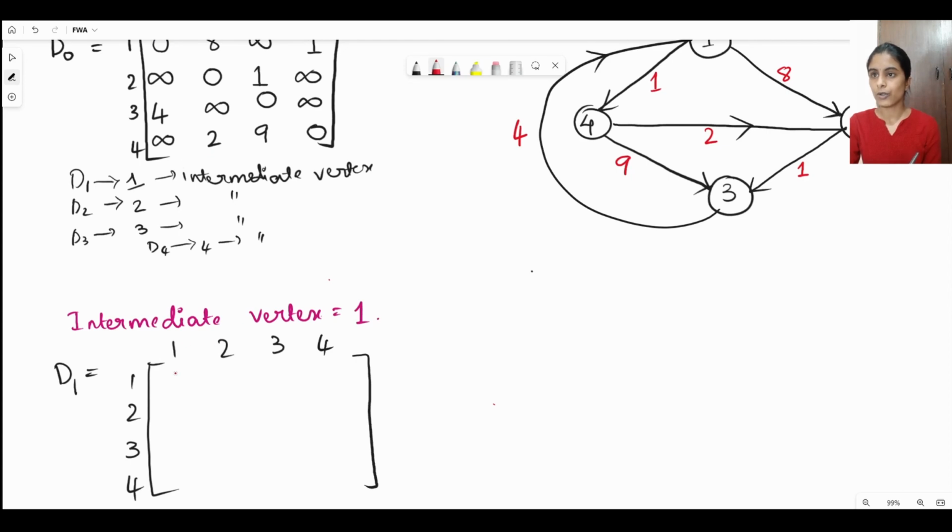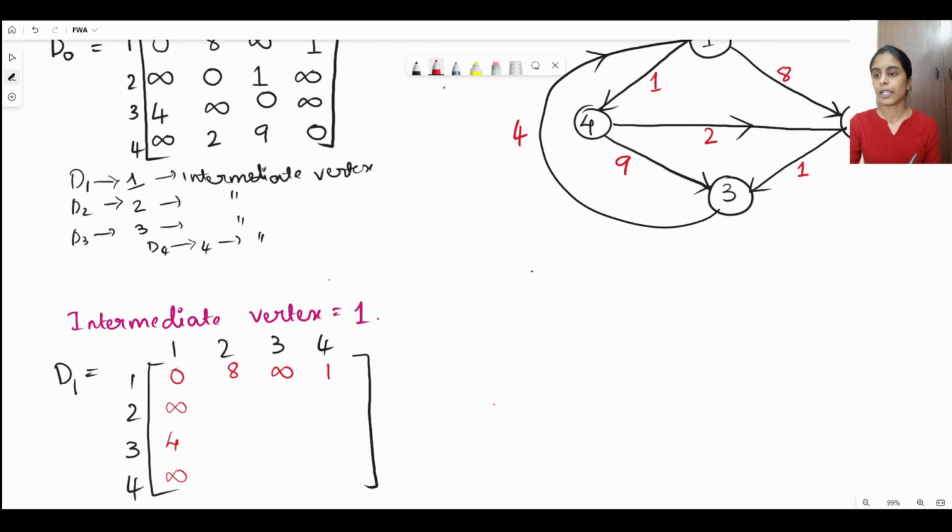So I retain row 1 and column 1. So 0, 8, infinity, 1. And here column 1 is infinity, 4, infinity.